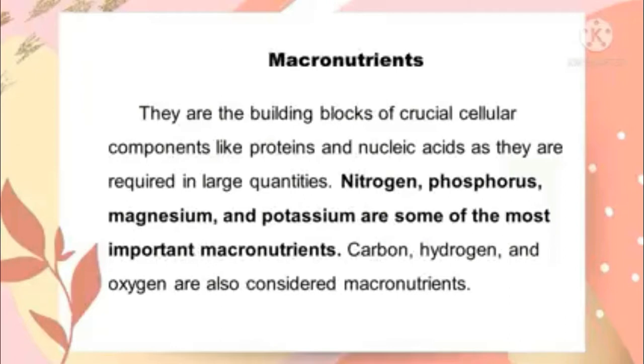Nitrogen, phosphorus, magnesium, and potassium are some of the most important macronutrients. Carbon, hydrogen, and oxygen are also considered macronutrients because they are required in large quantities, but they represent the non-mineral class of macronutrients.